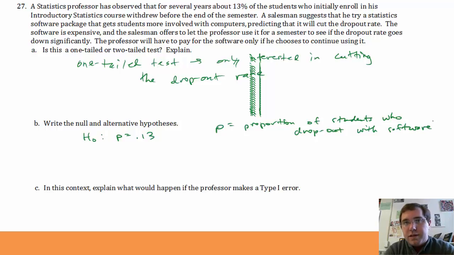He wants to know whether the software is going to be effective or not. So his null hypothesis is that it's not going to change things, that the dropout rate is still going to be 13%. The alternative hypothesis is that it's going to help. It's going to lower that proportion to be less than 0.13.